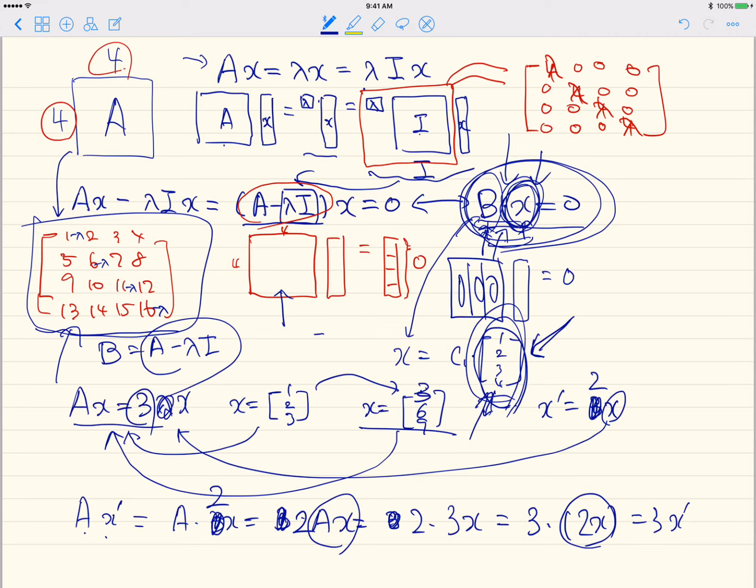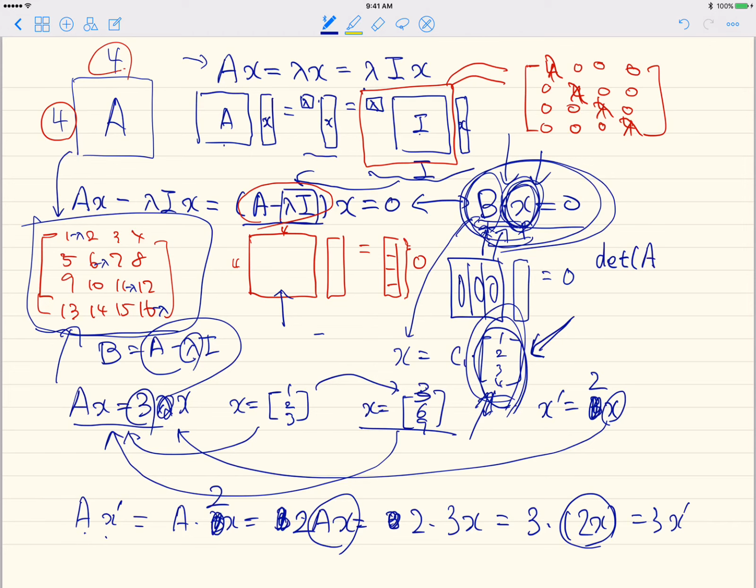And then, how can we find this lambda? So when is our matrix non-invertible? That was determined by this determinant, right? If A was non-invertible, then the determinant of it was 0, right?